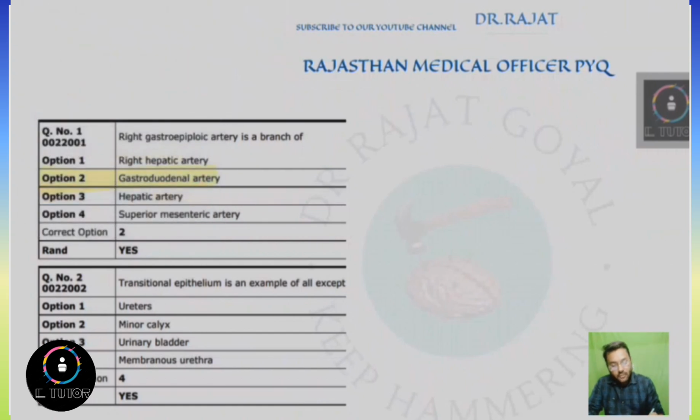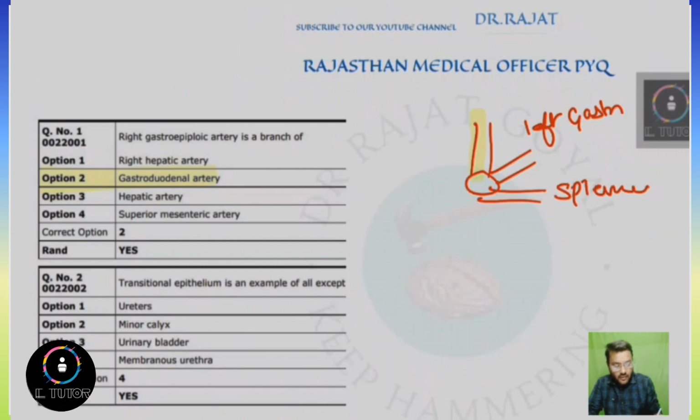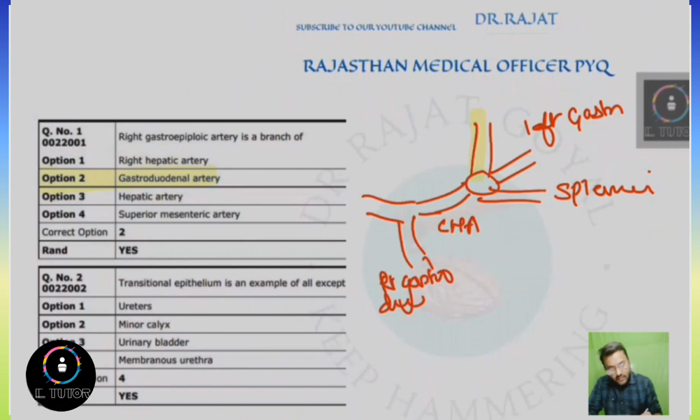So if we talk about celiac trunk, then in celiac trunk, one branch is left gastric artery, another is splenic artery, and on the right side there is common hepatic artery. Now common hepatic artery gives right gastroduodenal artery and proper hepatic artery.